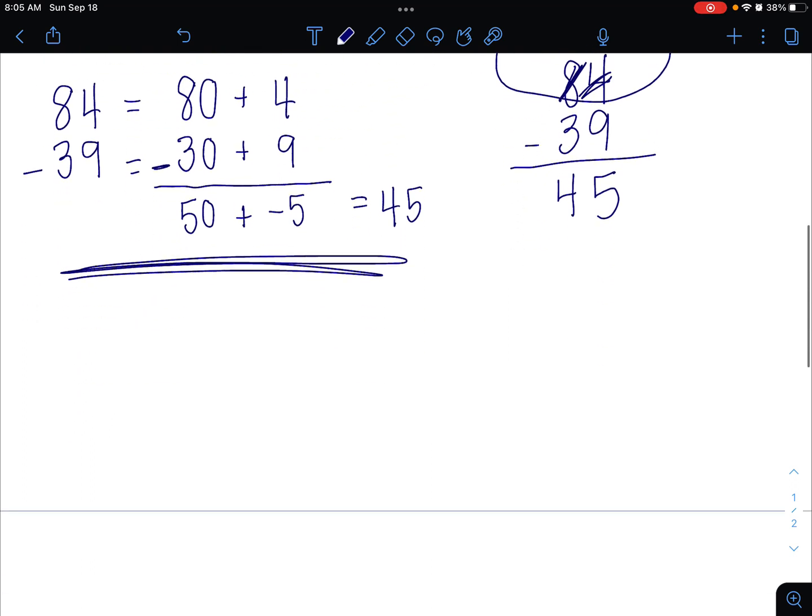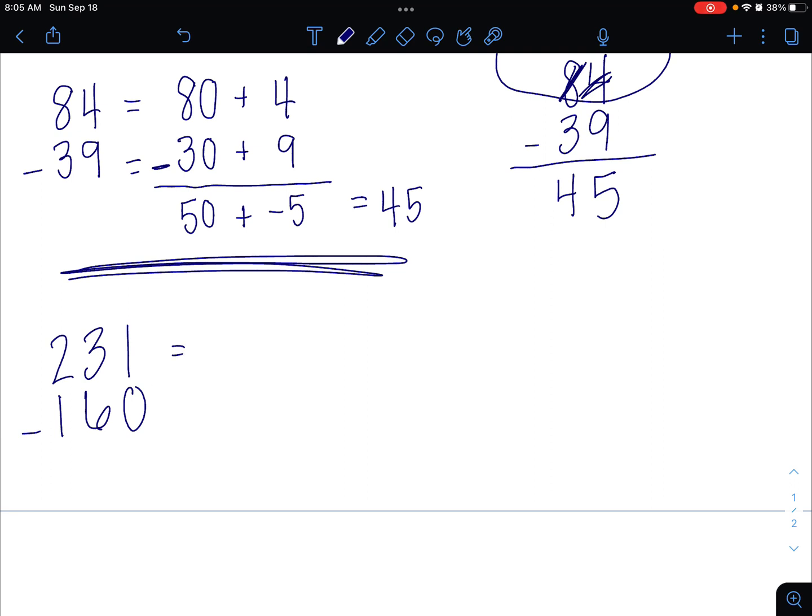Now it's going to be the same if we are working with numbers in the hundreds or even the thousands, whatever. Let's do a quick 231 minus 160. Okay, 160.